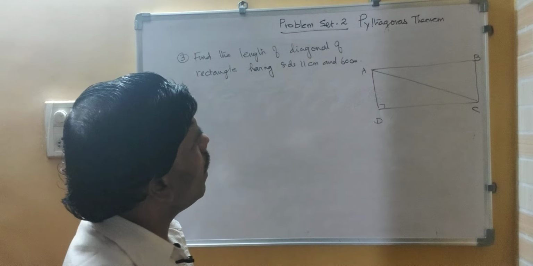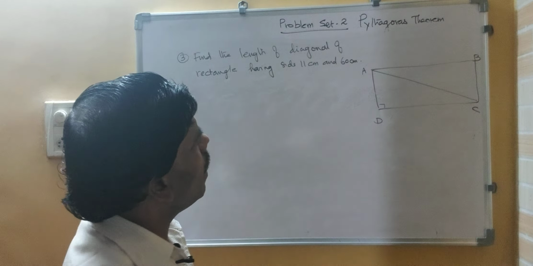In triangle, given we will write AD equal to 11 centimeter and CD equal to 60 centimeter, right? Now this triangle we will take ADC. In triangle ADC, angle ADC equal to 90 degree. That means what type of triangle is ADC? It is a right angle triangle.